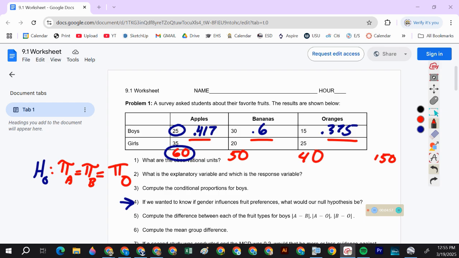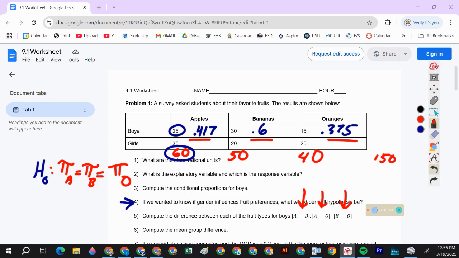Now, this is not a real value that I'm aware of. So we're going to take the apples and the bananas and find the difference, and then we're just going to make the difference positive. So we're going to take the absolute value. Then we're going to find the difference between the apples and the oranges, and then the difference between the bananas and the oranges, and that actually covers everything, right?